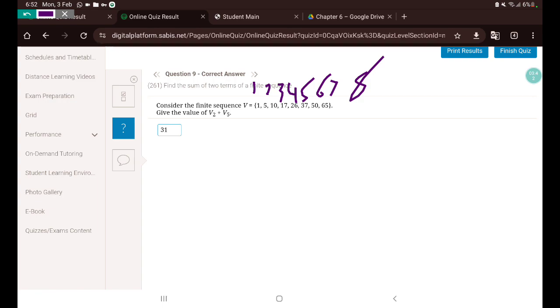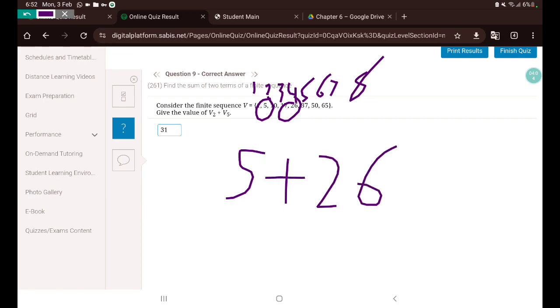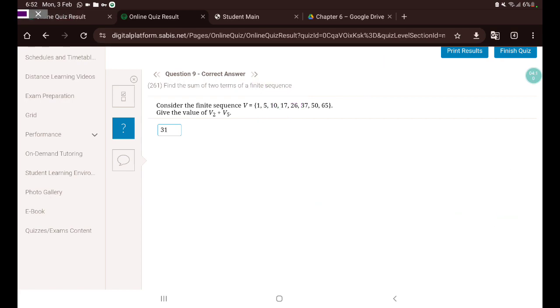They said, what's the value of v2 plus v5? You can go over here and see v2 is 5, while v5 is 26. Sorry for my bad handwriting. All you have to do is just add them up and you'll get 31, my bad. Next question.